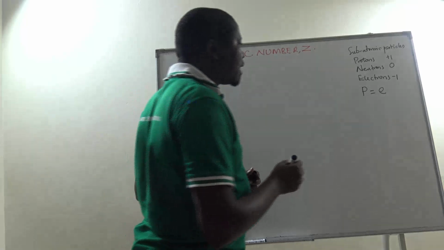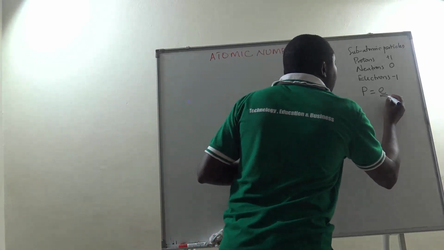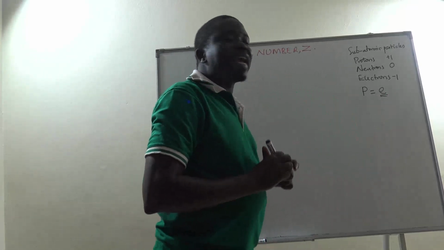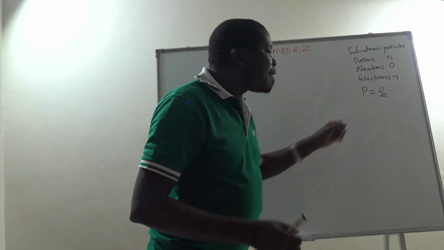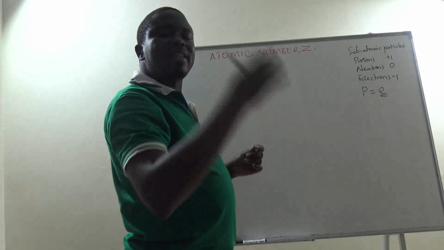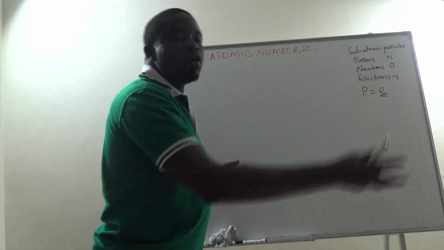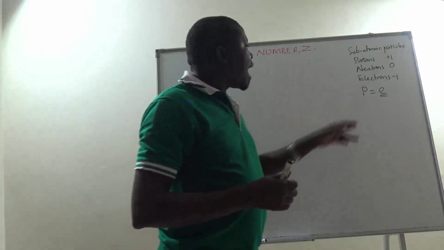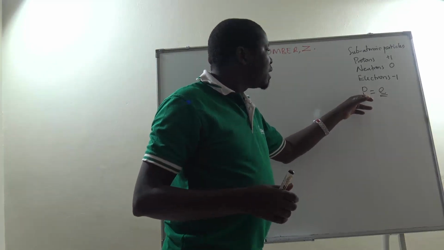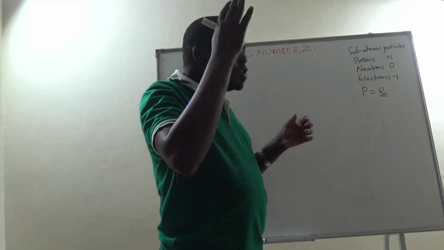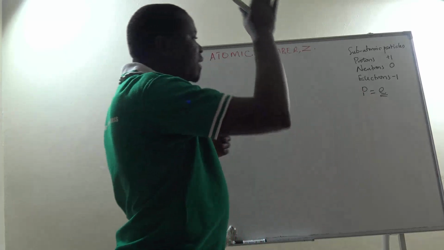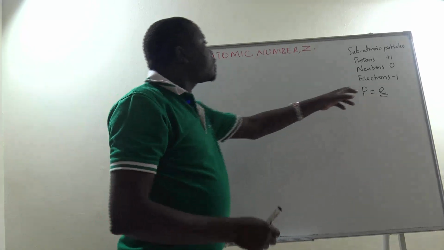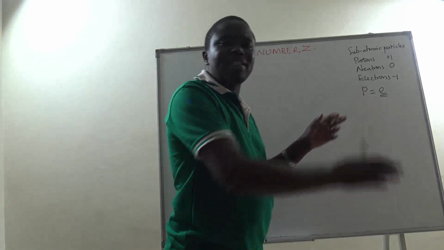Now, we should know that the number of electrons can change, but the number of protons cannot change because the protons are found inside the nucleus and they cannot be what? Lost or gained. That means that unless some kind of nuclear breakdown or disintegration of the nucleus takes place, the number of protons in an atom of an element remains just the same.